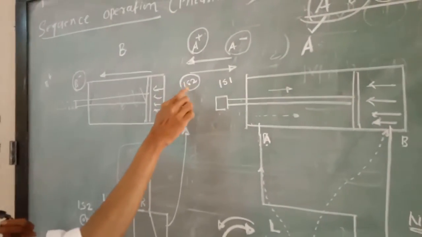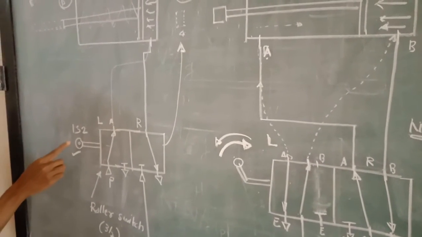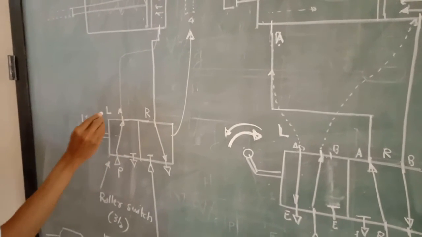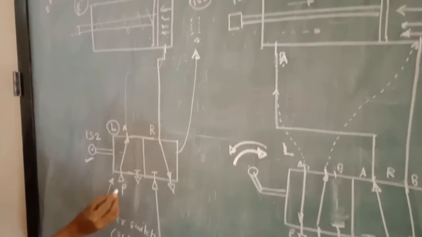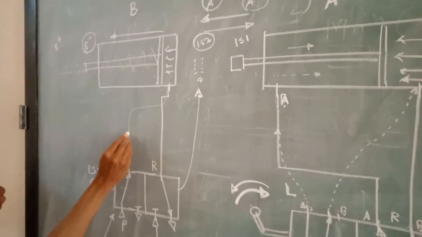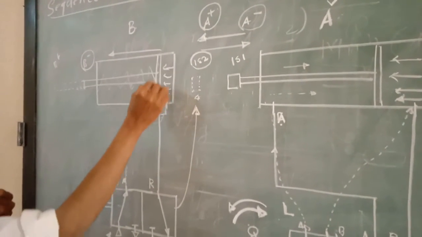When the piston reaches the A plus position, it is represented as the 1s2 position. At this position, this roller switch will be activated. It will operate this roller switch, that is a 3x2 valve. In the 3x2 valve, the left side will be activated. You can observe in the left side, the pressure port is connected to the A port, and the A port is connected to the right side of the single acting cylinder.